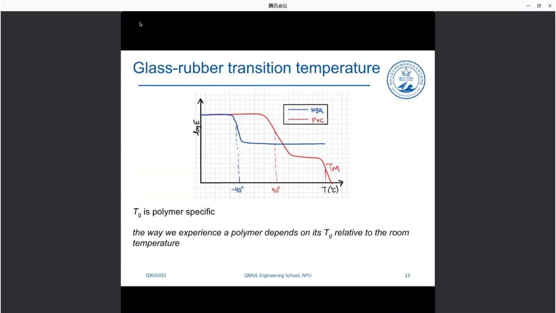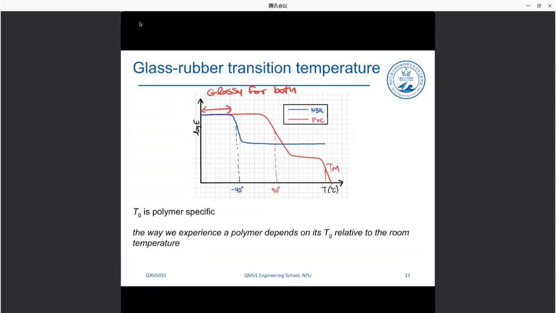The glass transition, of course, is polymer specific, and as I mentioned, the way we experience a polymer depends on its glass transition relative to the room temperature. So you can see here what is very interesting. Here in the glassy region, still glassy for both materials, at very low temperatures, both polymers have the same modulus, okay?